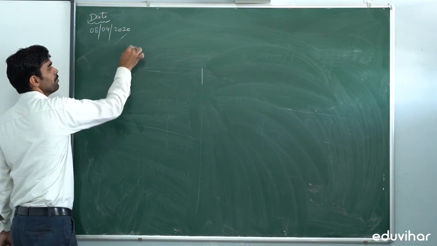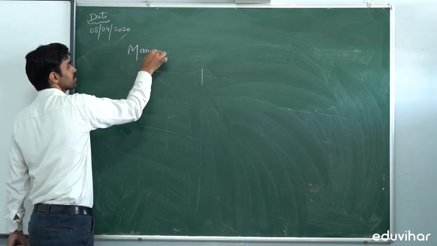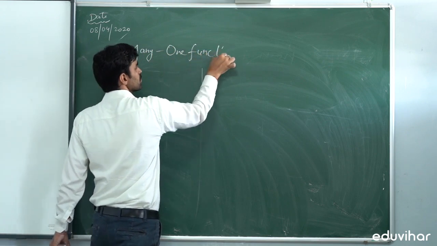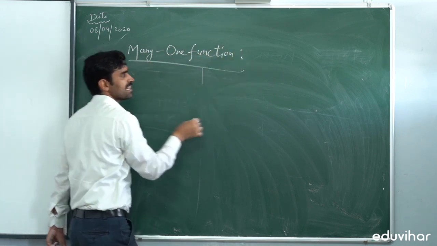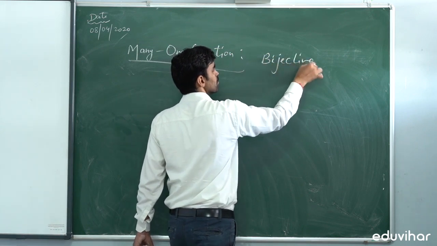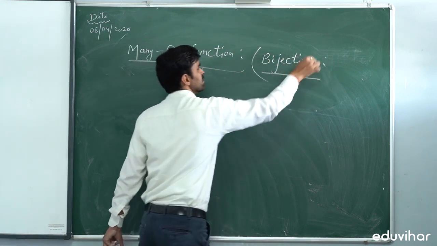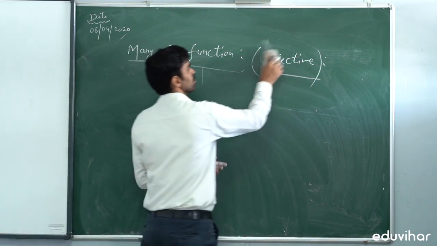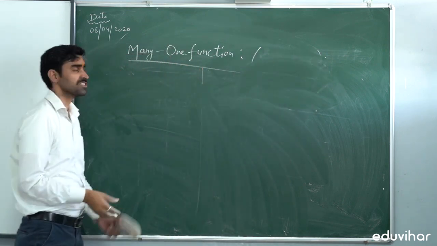Now third is many one function. This one onto function is known as bijective.